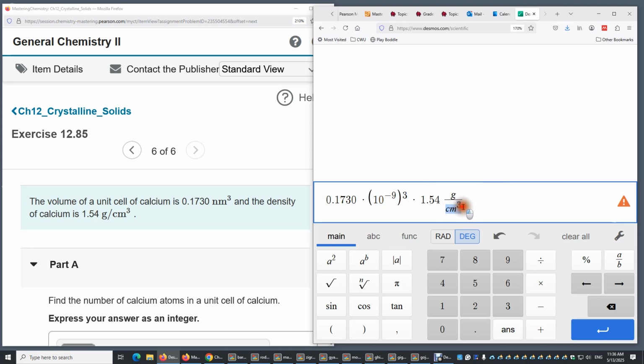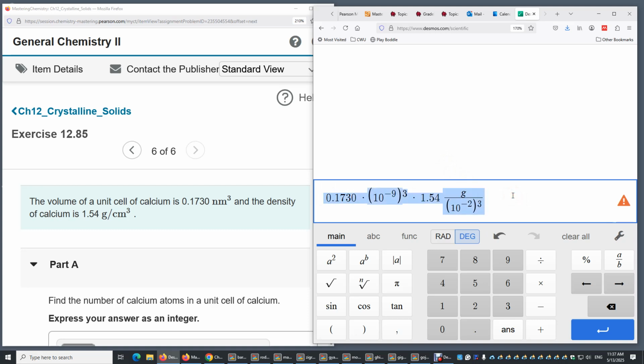And over here we do the same thing, but 1 centimeter is 0.01 meters. So over here, this is going to be 10 to the power of -2 to the power of 3. And now we'll have the total mass of the calcium atoms inside a unit cell.